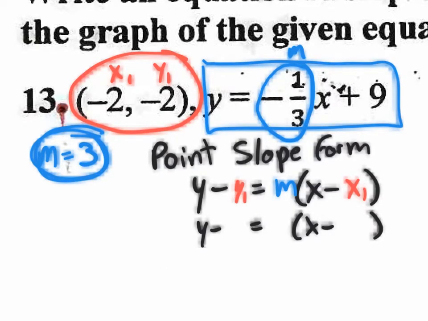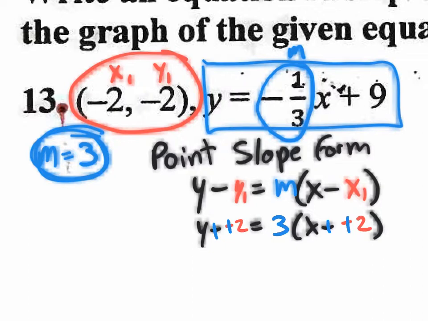So our y1 value is negative 2, so let's put it right here into the y1 spot, negative 2. Our m value is positive 3. Our x1 value is negative 2. So this is our point slope form equation. Let's change the minus minuses to plus plus.